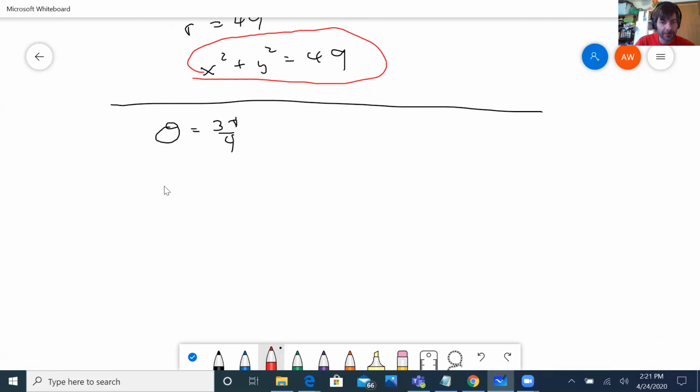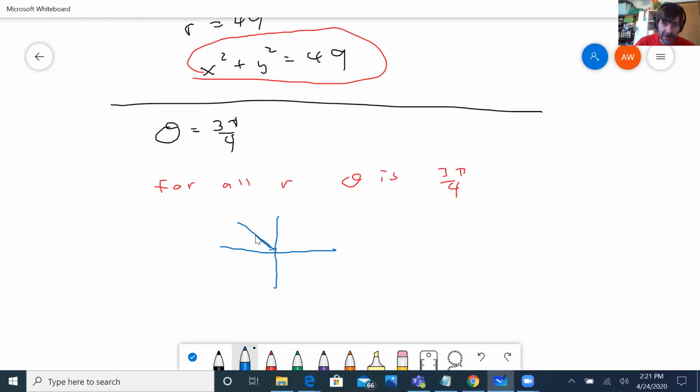For all r, theta is a constant 3 pi over 4. So if I was going to draw that, you're going to put your theta at 3 pi over 4, which I guess is over here, right?